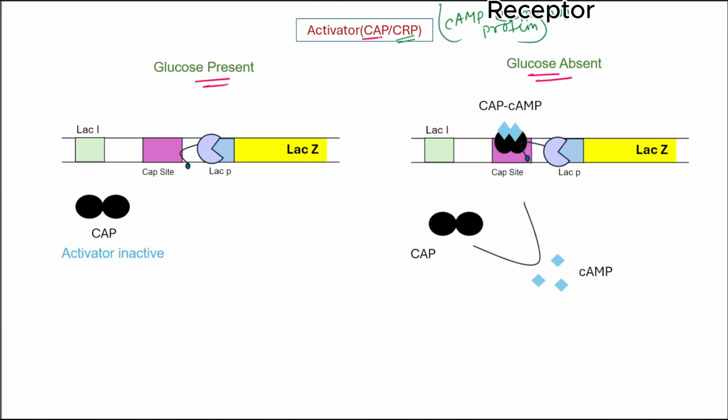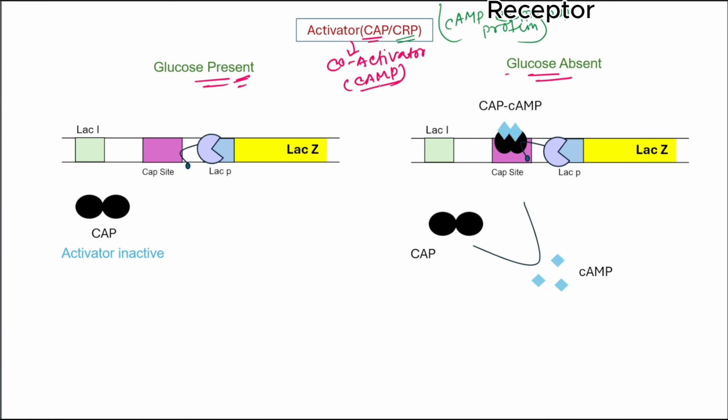The activator CAP functions only when it binds to its co-activator, cAMP, cyclic AMP. Whether CAP is active or not depends on glucose being present or absent, and whether cAMP is active also depends on glucose.